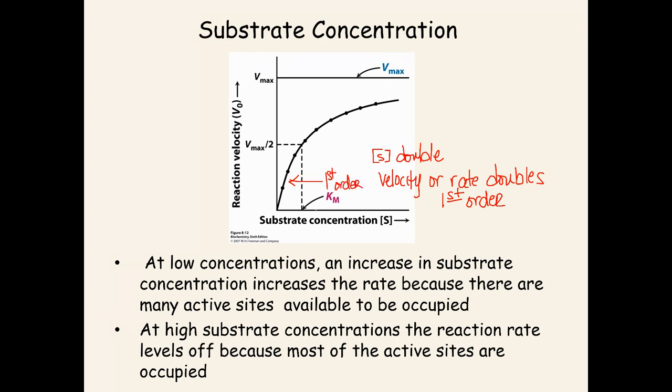Now, as we keep increasing the concentration of substrate, the velocity begins to flatten out. What we're seeing there is that as the concentration doubles, the rate stays the same. And that rate is also the velocity. So the velocity or rate stays the same, and that's indicative of a zero order relationship.